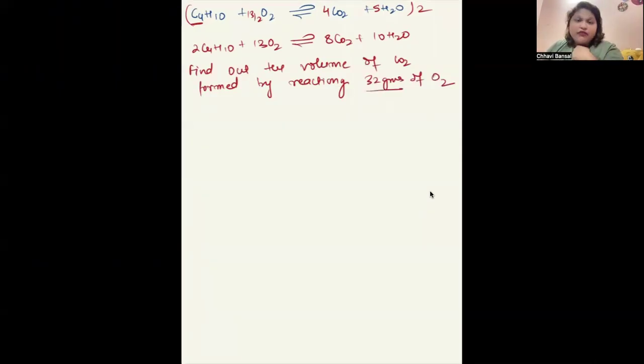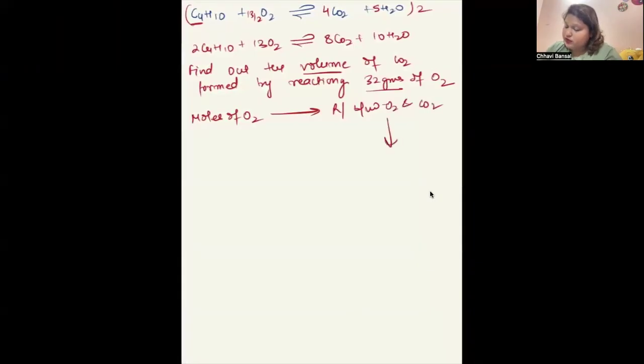We are given grams, right? We have to go to the volume. Again, grams and volume through moles. So what should be the sequence? Moles of O2, then the relationship between O2 and CO2, then moles of CO2, and then volume of CO2, right? This should be the sequence.